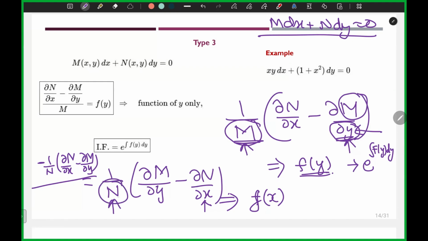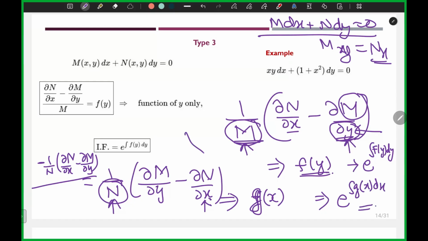Here we are changing N only, so N is associated with x, and it will come as a function of x, g(x). So what is the integrating factor in this case? e to the power integral of g(x) dx.